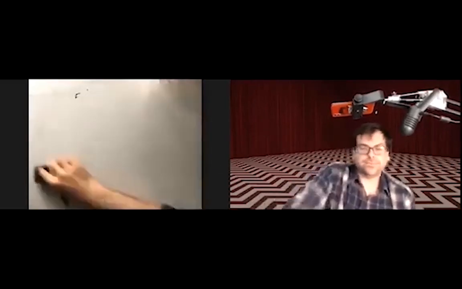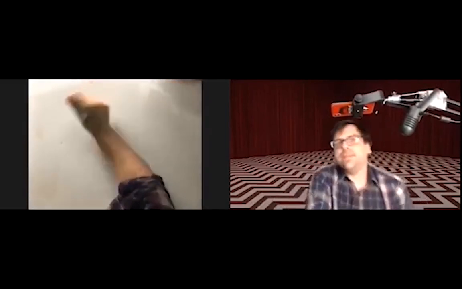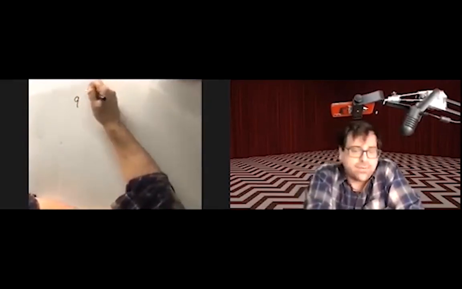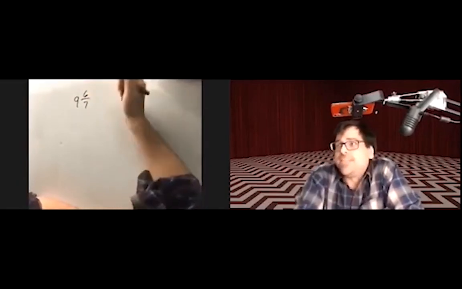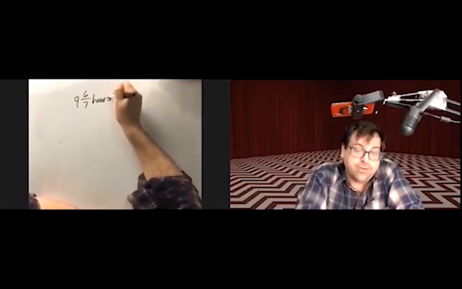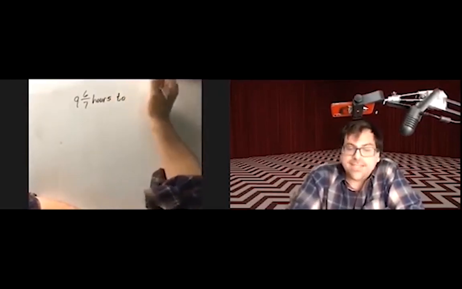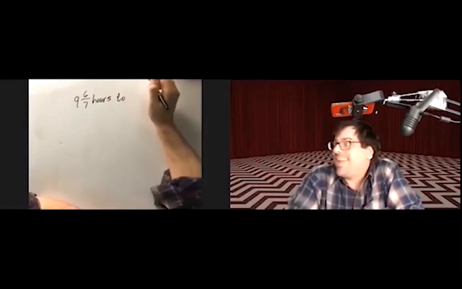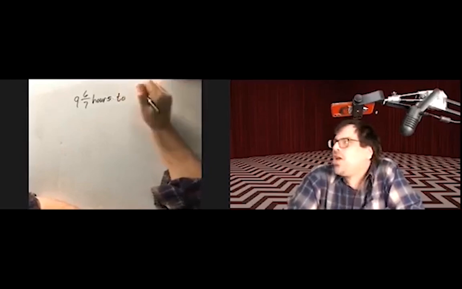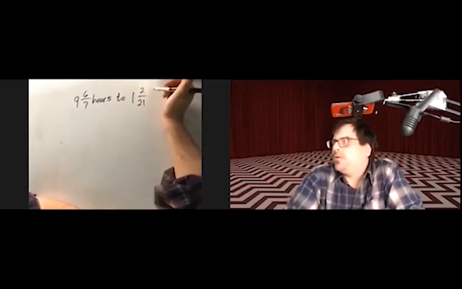And remember, I said, if we're ever going to have a difference between a simplified fraction and a simplified ratio, I'll point it out when we get there. At the end of this problem, we will have gotten there. There will be something different than simplifying the fraction. 9 and 6/7 hours to 1 and 2/21 hours.